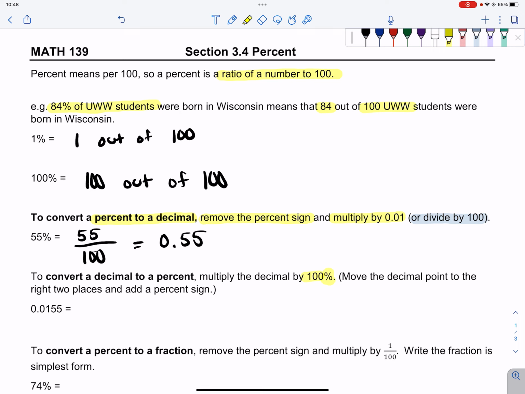So if we have the decimal 0.0155, I take that 0.0155, multiply by 100, and bring on the percent symbol. So this now gives us 1.55%.